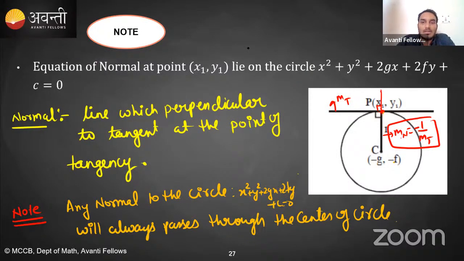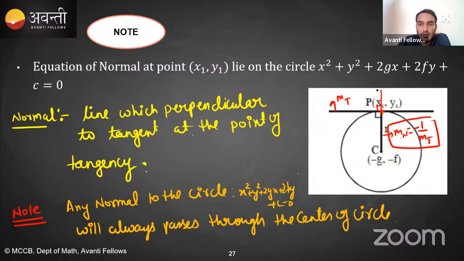So what I said is, if you have to find the equation of normal, first of all you need to know what a normal is. A normal is a line which is perpendicular to the tangent at the point of tangency. Now, one note I gave you is that any normal to the circle will always pass through the center of the circle.